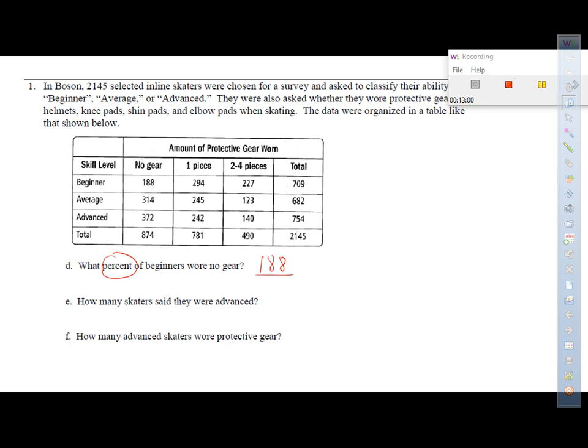And if you look, how many total beginners are we talking about? 709 in this case. So if you run that through your calculator, looks like you're going to get about 26.52%. Now, as soon as it says what percent of beginners, you are only allowed to think about that row right there.